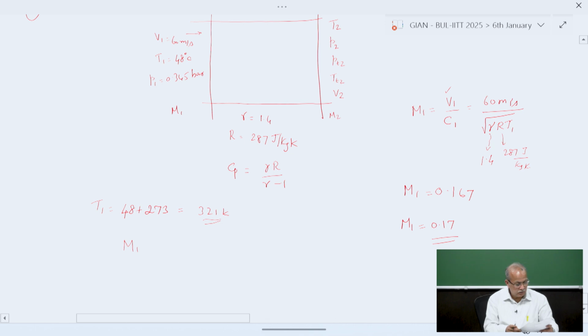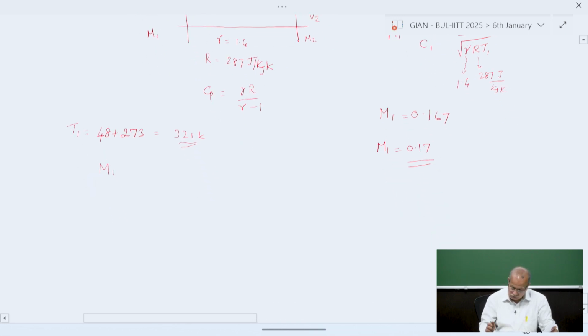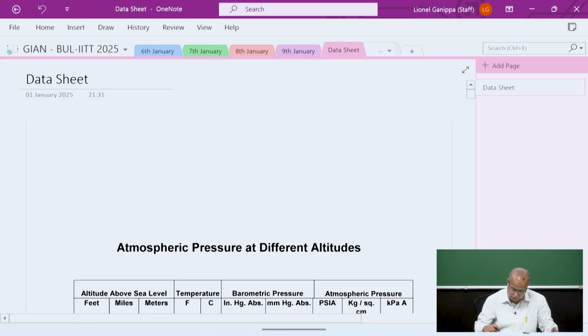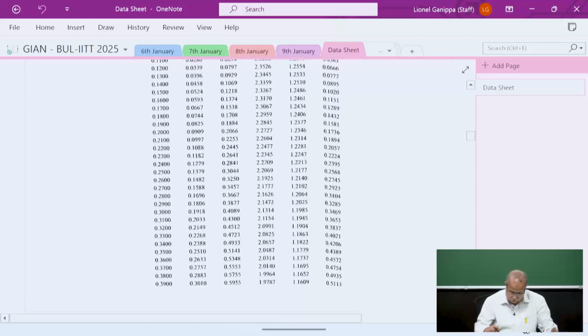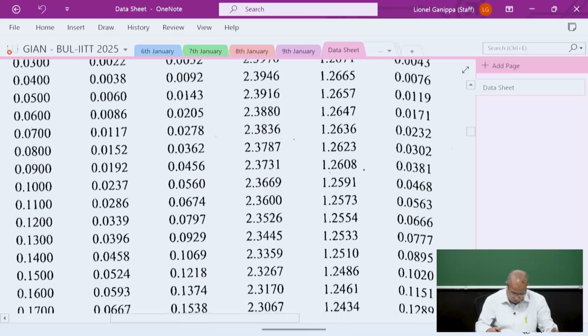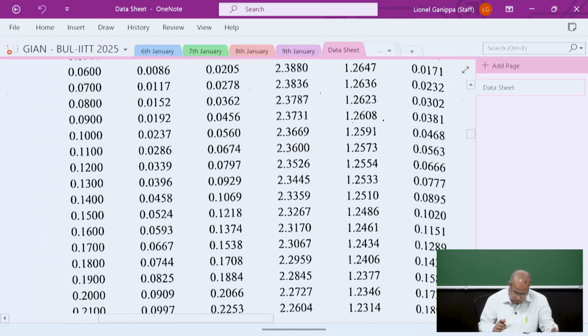If you can use the tables, here you can see that M1 is 0.17. You can transfer this information into your paper.